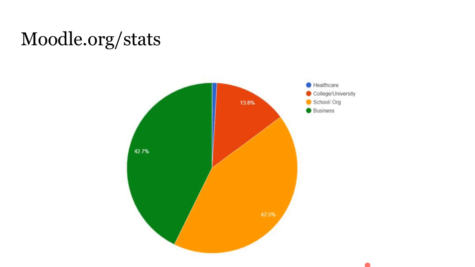There was a small number of healthcare sites. There was a larger number of colleges and universities, about 13.8% of all of those registered sites. This is out of a sample of only 3,000 total sites that share their information publicly. The rest are not showing their information publicly.